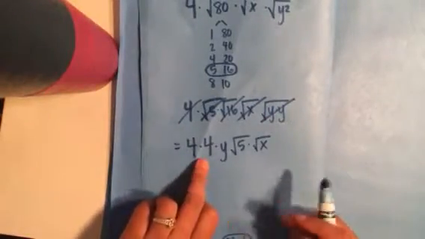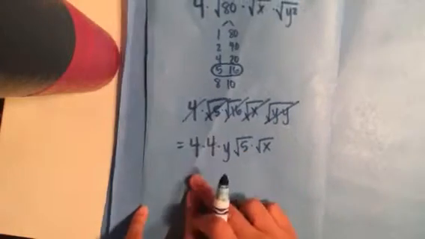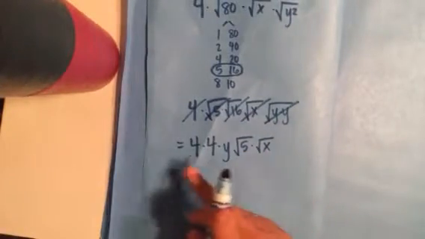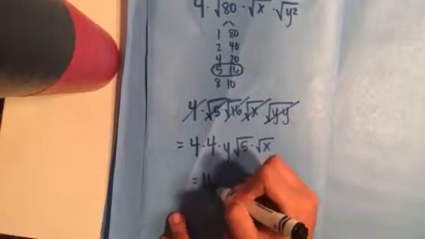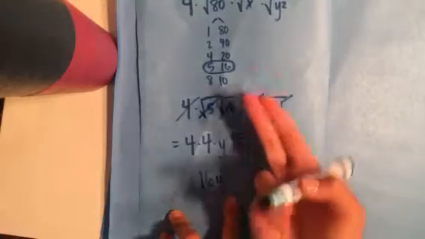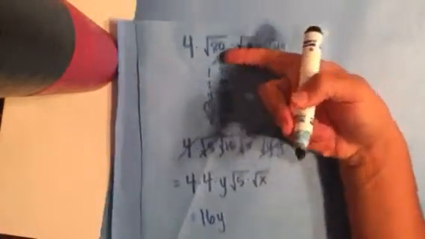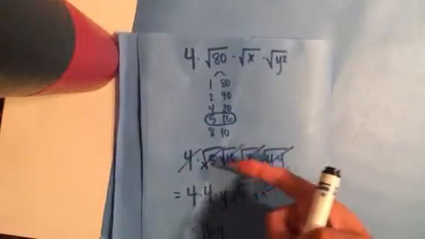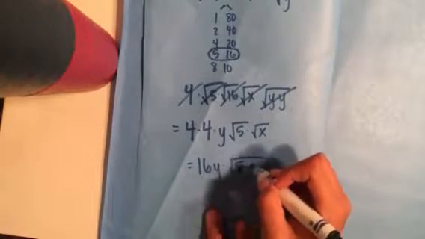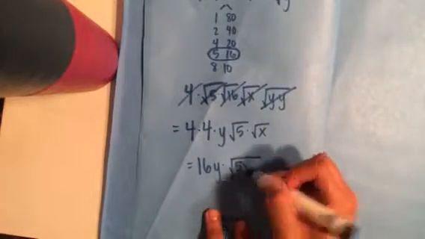So 4 times 4, and we can multiply anything outside of the radical as well as whatever is inside of the radical separately. So 4 times 4 is 16. And then since we know we can take something underneath a radical and break it apart, we know that we can put it back together. So root 5 times root x can really just look like root 5x.